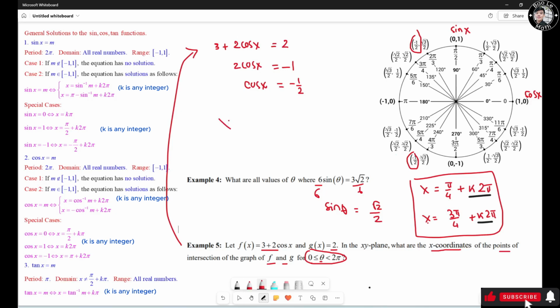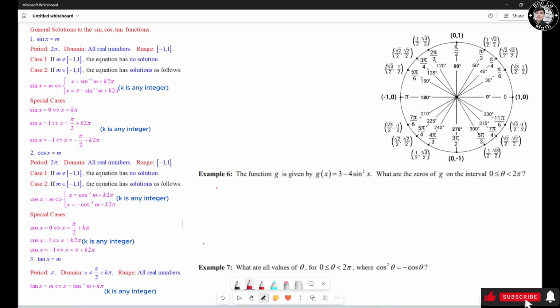So s should be 2 pi over 3, and s equals 4 pi over 3. These two guys right here are in the domain 0 to 2 pi, which means within the unit circle right here.